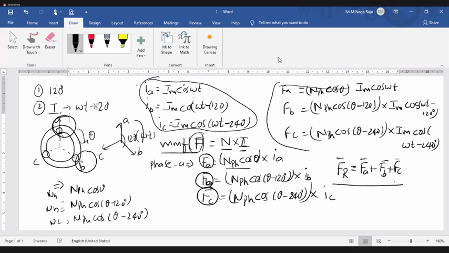Now add those three components FA, FB, and FC. You can add on your own, and tell me what is the resultant FR.